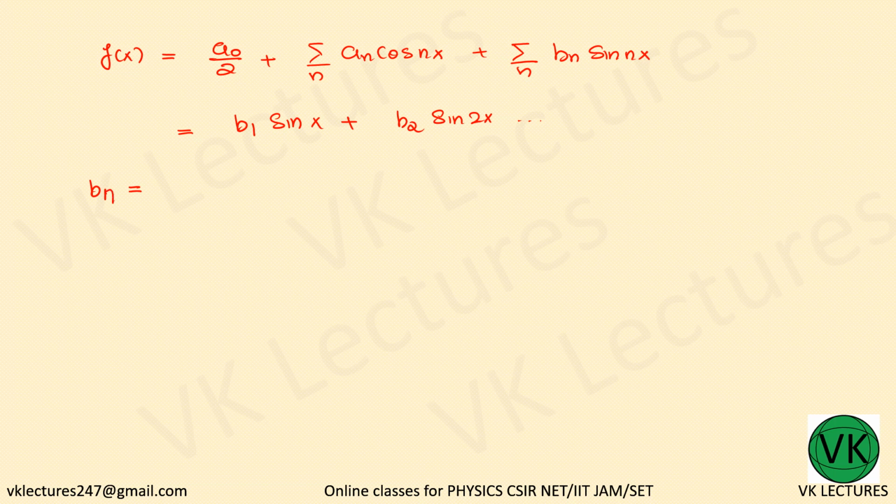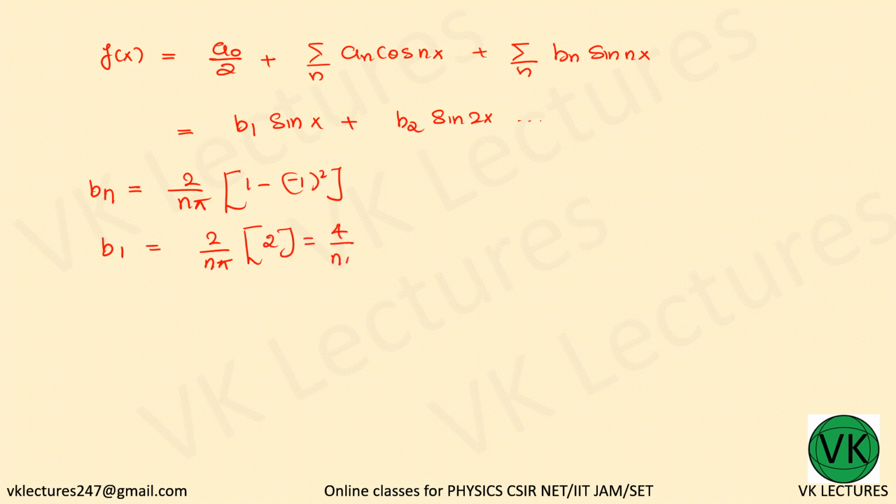What is bn? bn equal to 2 by n pi into 1 minus minus 1 whole to the power n. And what is b1? b1 is 2 by n pi into 1 minus minus 1, which is 2, that is 4 divided by n pi.